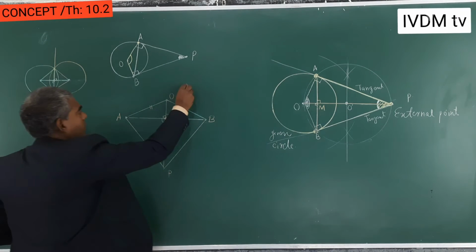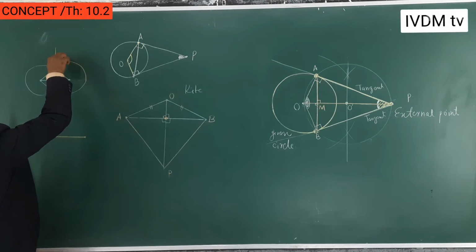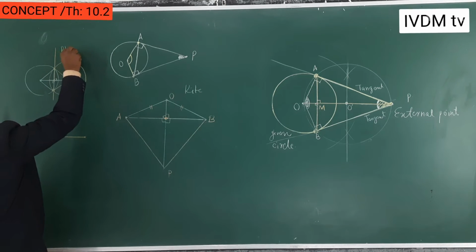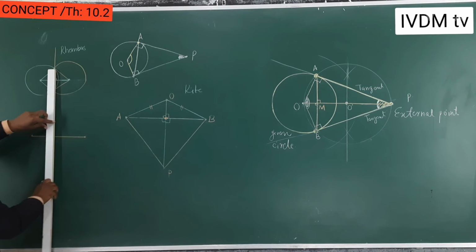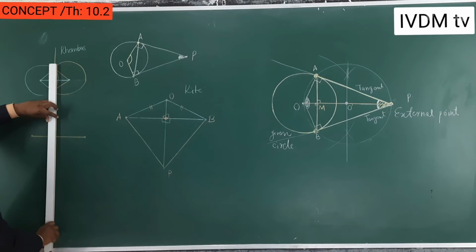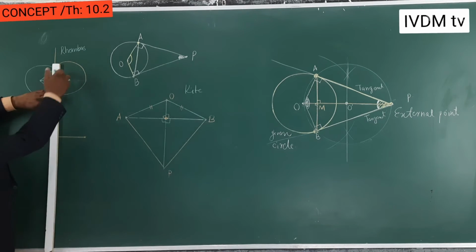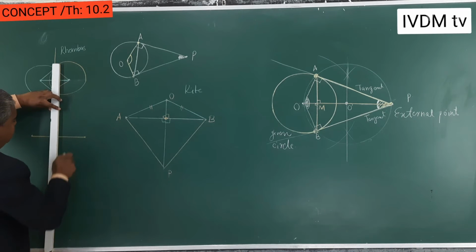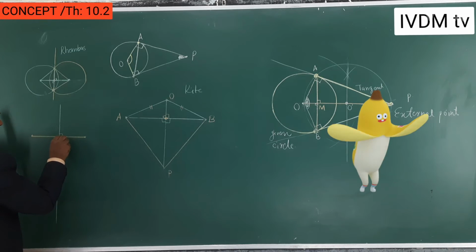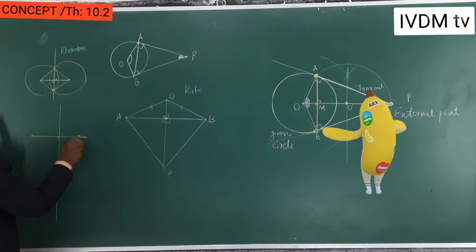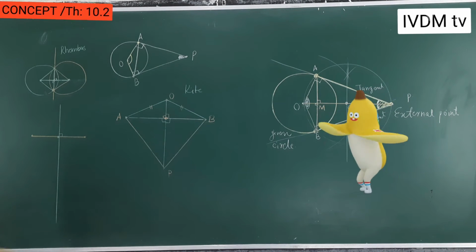This is a kite, and this is a rhombus. Okay, so perpendicular bisector. The two-circle concept: 90° and then bisector, both concepts. 90° perpendicular bisector.